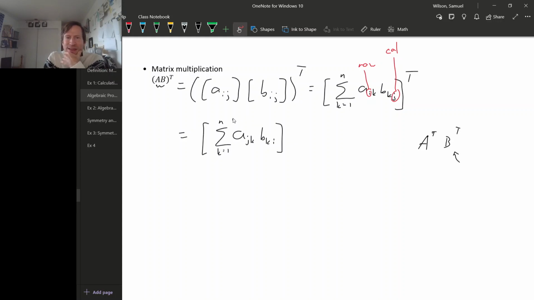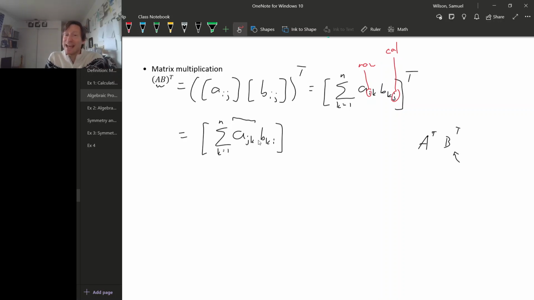Well, this Ajk, it's strange to have the summing index in the second position because the first index is not a row index, it's a column index. It would make more sense if this j, which is a column index, were in the second position, but it's not.